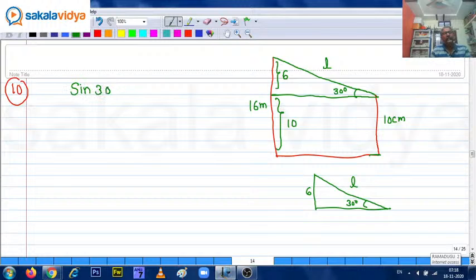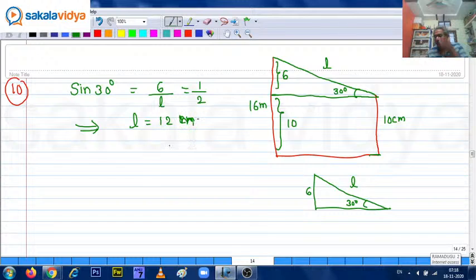Sine 30 degrees is equal to opposite side 6 upon L, where L stands for the length of the wire. Sine 30 is 1 by 2. So cross multiplication, L is equal to 12 meters. This is the answer.